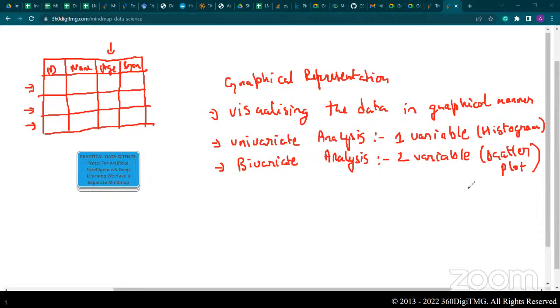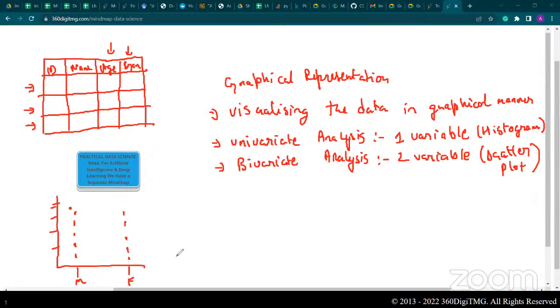All right. So let's say, for example, we are taking the age and the gender column. So here we would have gender, male and female. And here we would have various ranges of age. So the data would be spread something like this. So this is a very basic example of a scatter plot.